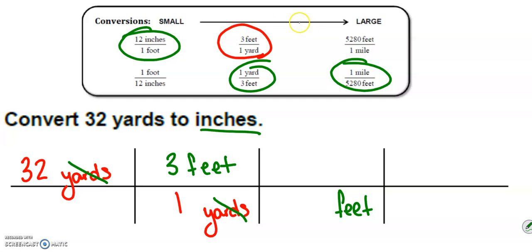Now I'm going to inches. Well, if I look right here, this one is exactly the one that I have. I have 12 inches in 1 foot. So that'll get rid of it here. So I put 1 foot here, and I have 12 inches here. And that's going to cancel out my feet. So now the only unit that I have left is inches. And I still have my numbers.